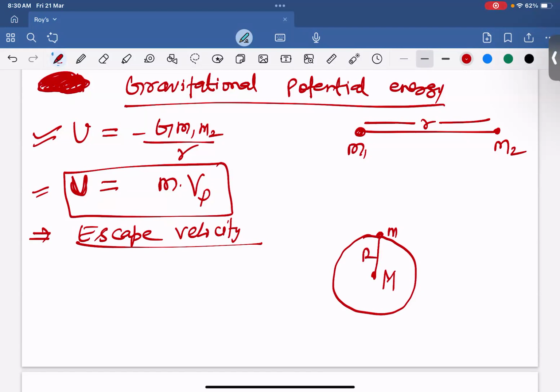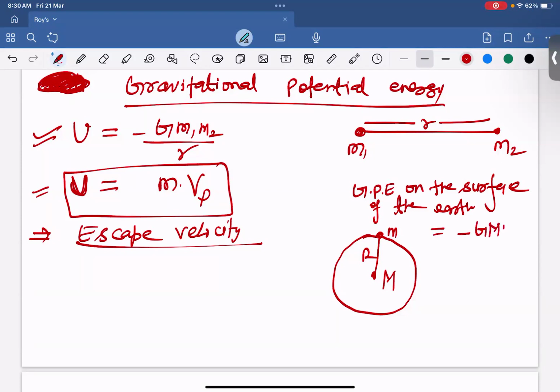So we know that gravitational potential energy on the surface of the earth will be minus G capital M small m divided by capital R. Now, if you give some kinetic energy so that it goes to infinity, escape velocity is what?